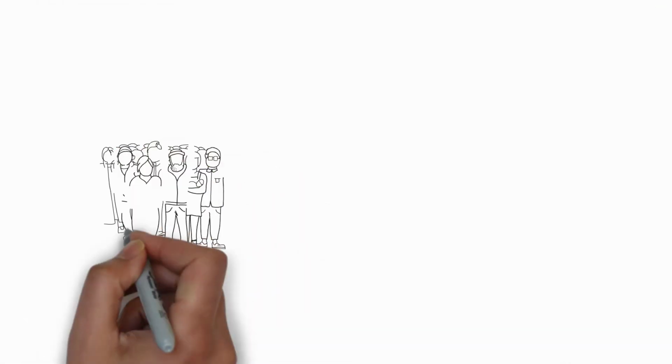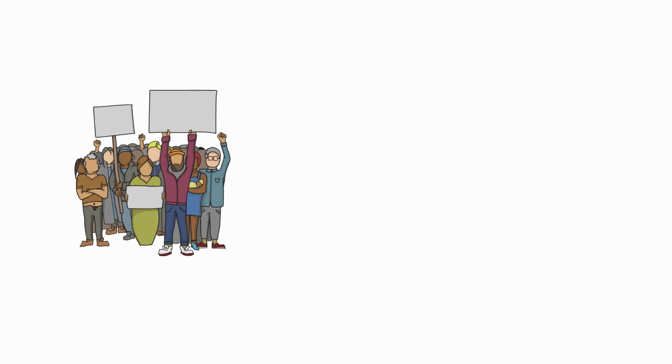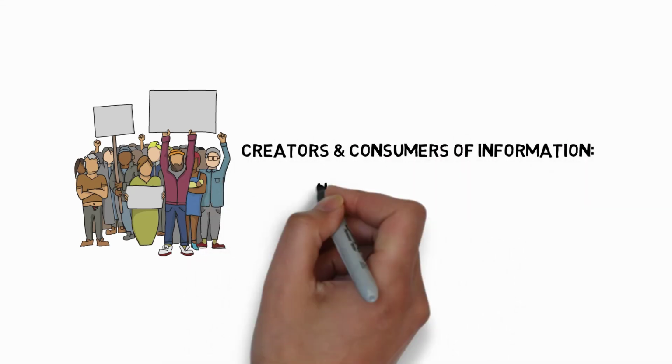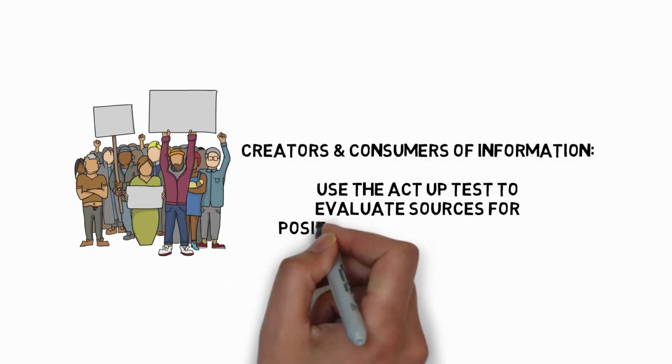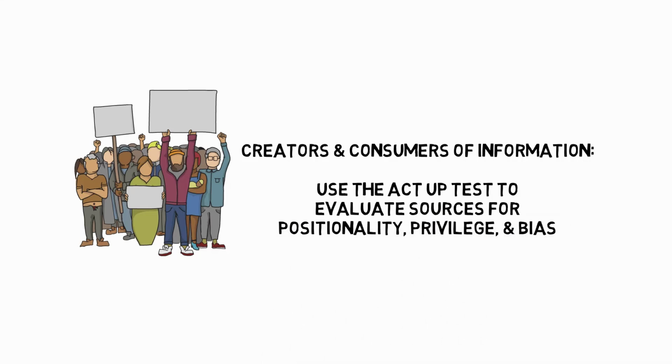To review, the Act Up test is a framework for evaluating the positionality, privilege, and biases embedded in information. The criteria are designed to ensure that as creators of information, we think critically about our own positionality, privilege, and biases, and how they influence the information we produce.